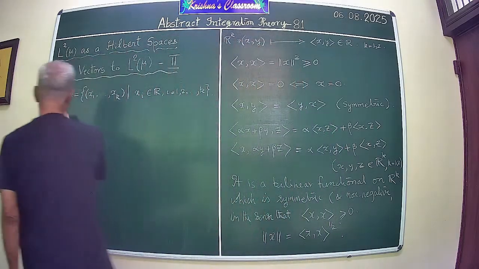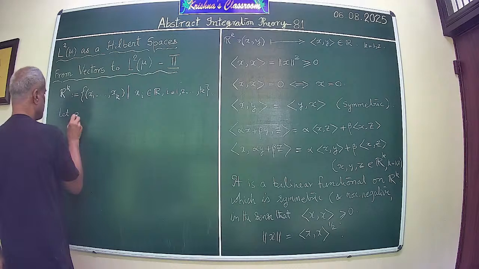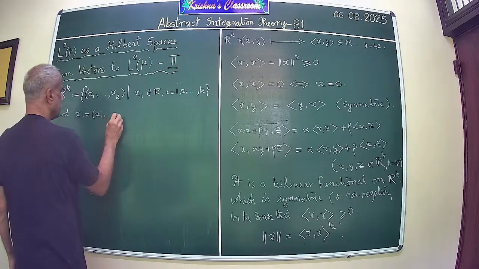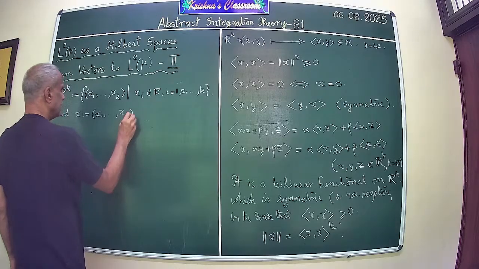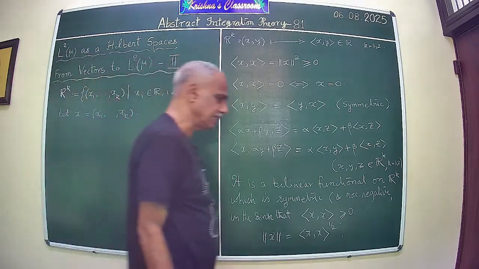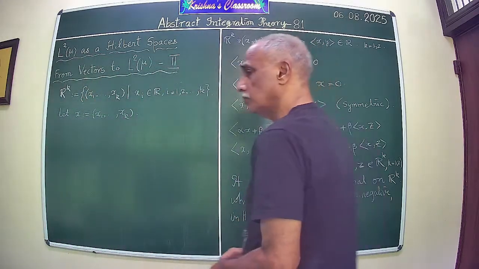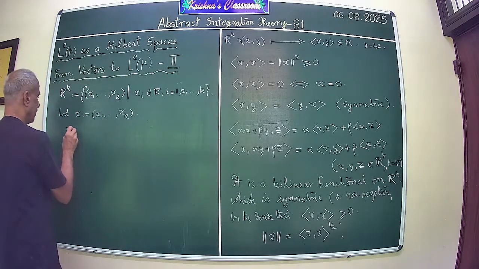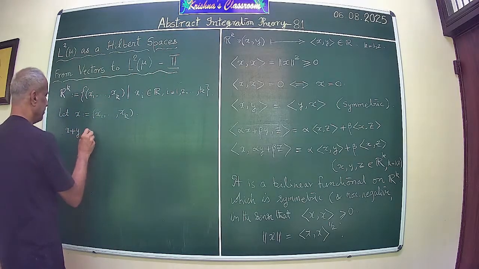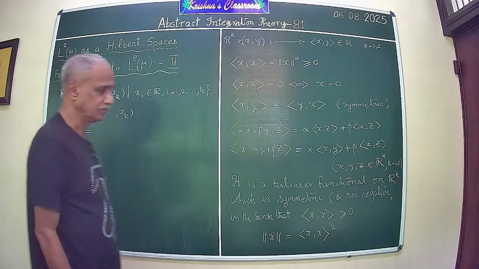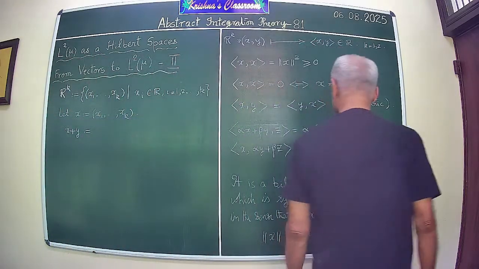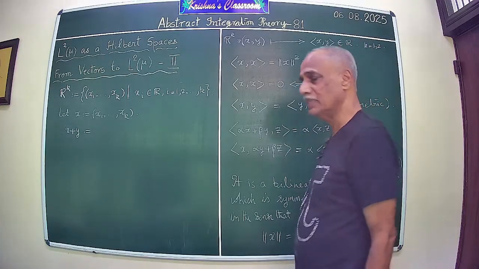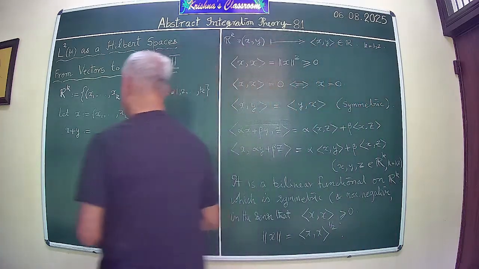So we take Rk. Let x be an N tuple, an ordered N tuple. Now we can define x plus y. This is a definition, which is formed in terms of R2 and R3 that we are familiar with.